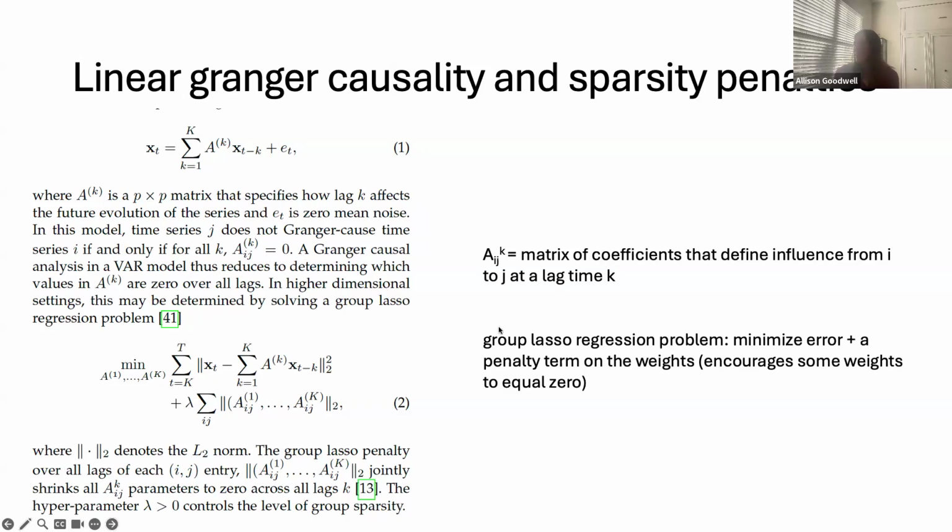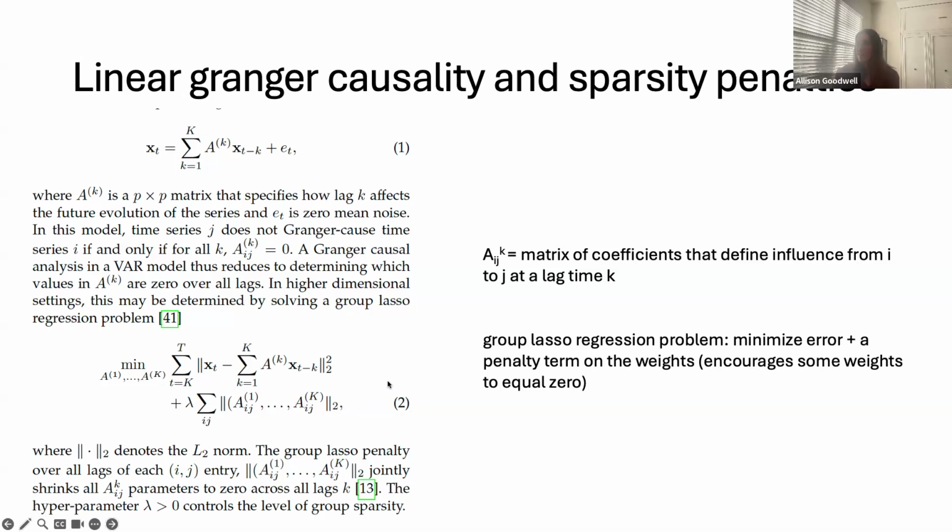So basically this is solved by a lasso regression problem. We're trying to minimize the error. So this is the error. But we're also adding a penalty term, and this penalty term is penalizing the weights in all these matrices for all these different lags and all these different connections to encourage weights to equal 0.